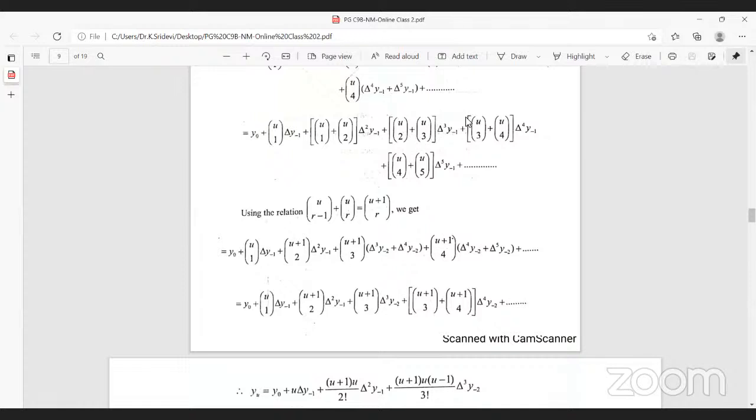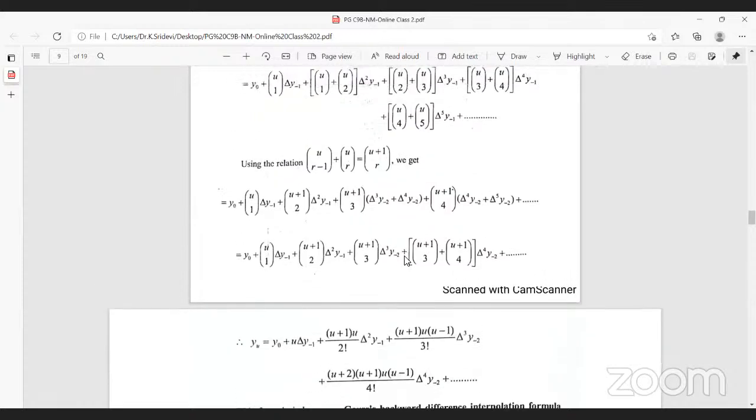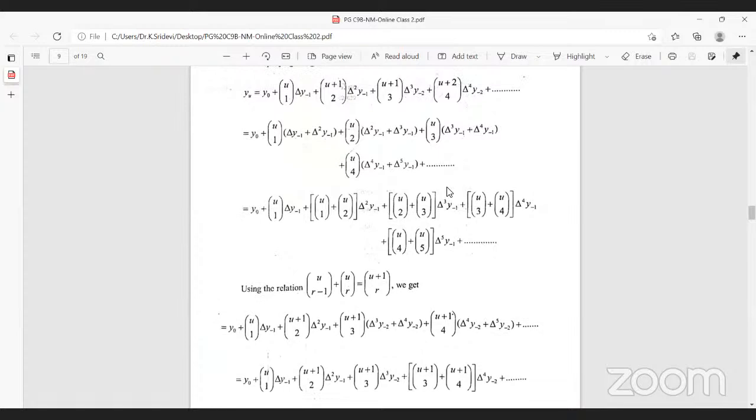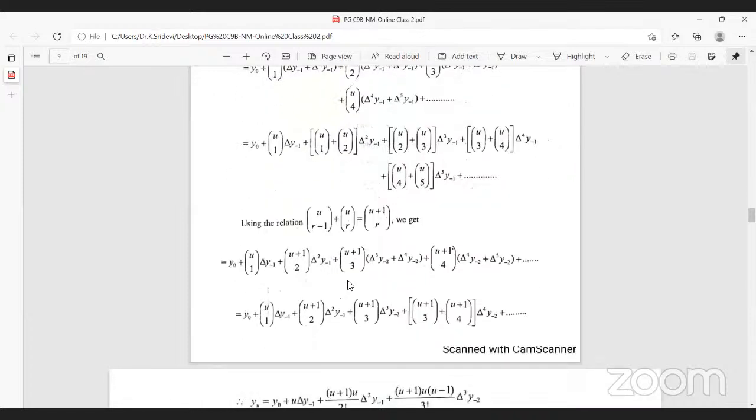So the expression is same, delta cube y minus 1 minus delta cube y minus 2 plus and so on. So here delta cube y minus 2. Now after this one, you can observe here delta power 4, u plus 1. So first expression is this, and then we get this expression. After that, we can get this expression by using this one. Now simplify this expression here, you can get this one.